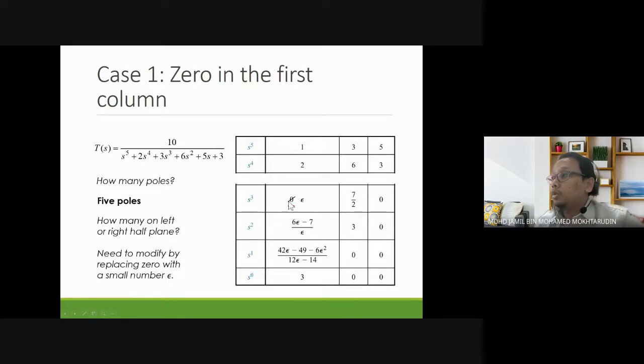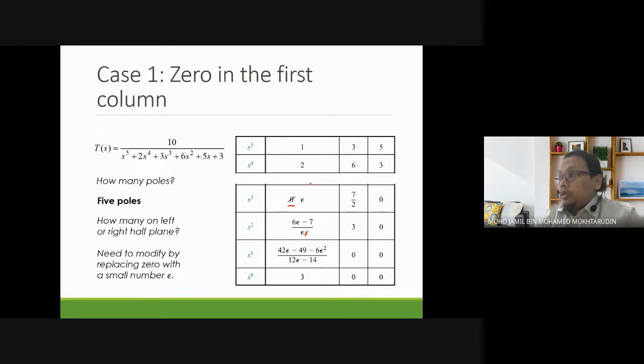So you replace the 0 with an epsilon, and then you continue the calculation as usual. Because if you use this 0, you cannot divide by 0 here. You get infinity. That's why it is replaced with an epsilon. Then you can continue as usual.